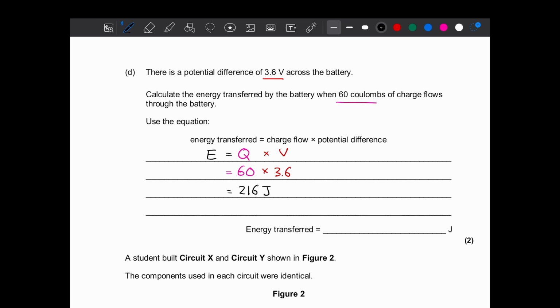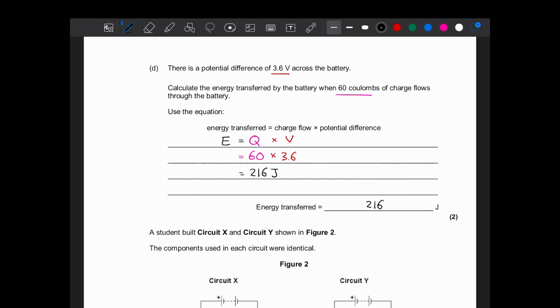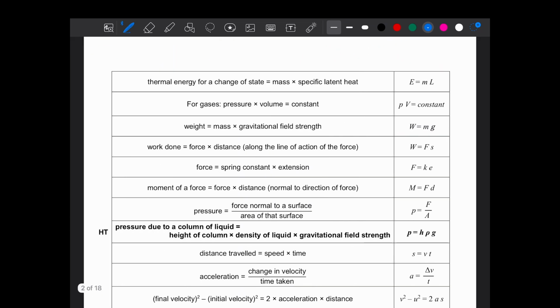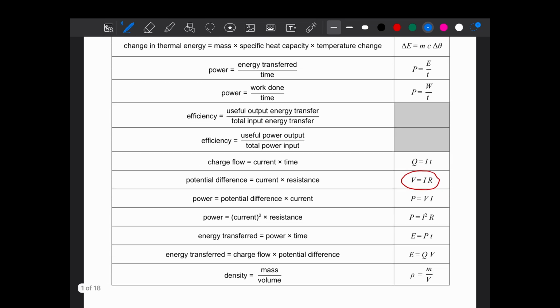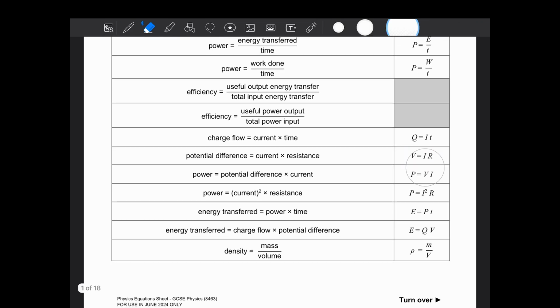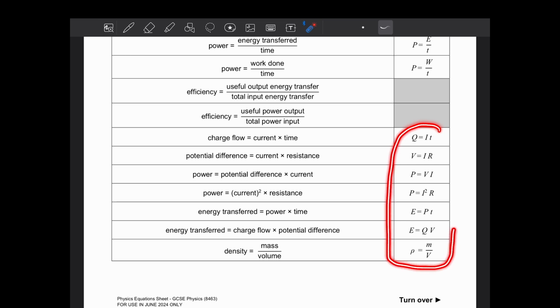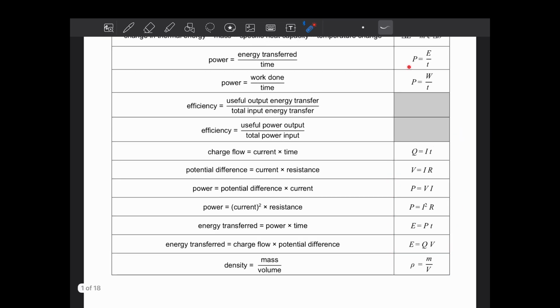Now, there's actually a follow-up question we can do on this part, where we could try to find the power supplied by the battery. Now, there are several ways we could do this. If we go back to the equation sheet, looking at the first page where most of our electricity equations are, towards the bottom of the first page, you will notice we've got an equation for power here and 2 more over here.